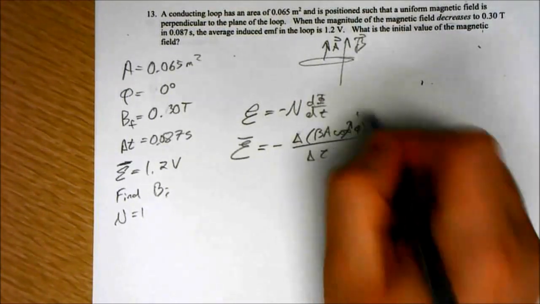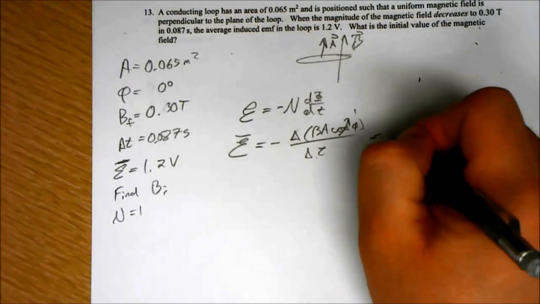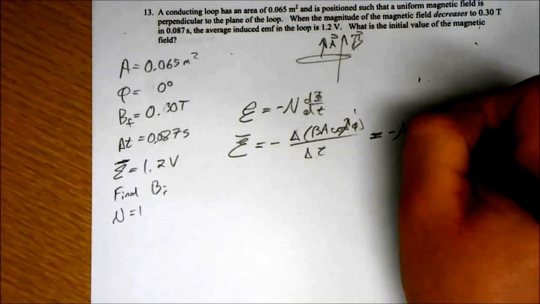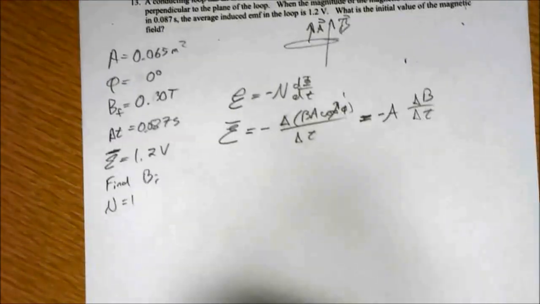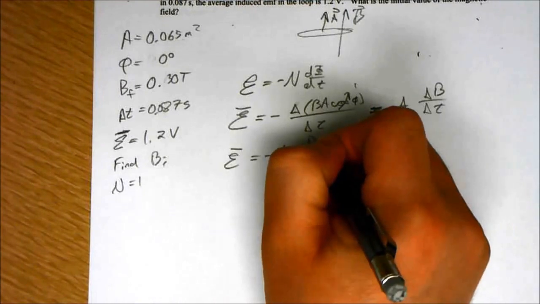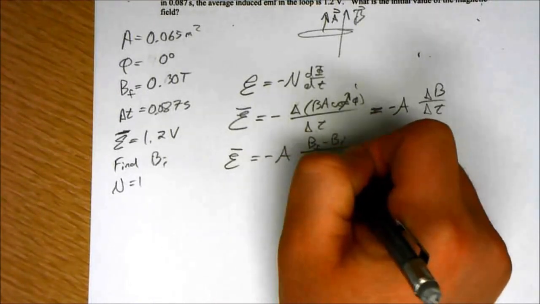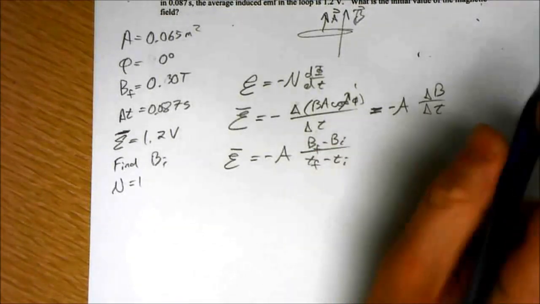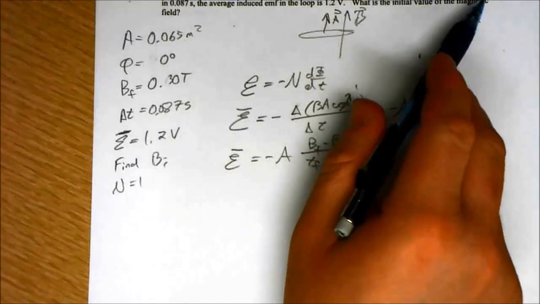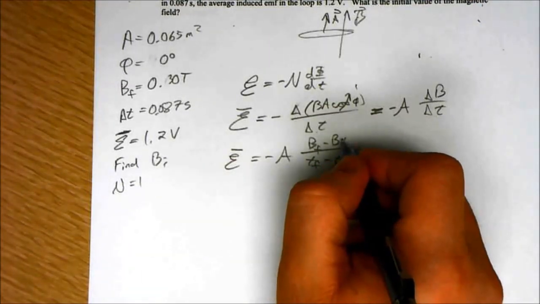Well, we know cosine of phi is 1, and we know that the area remains constant the whole time, so it's negative area times delta B over delta t. So the average EMF is negative A times B final minus B initial over t final minus t initial. We can say t initial is 0. We know what the final is, we need to solve for the initial.